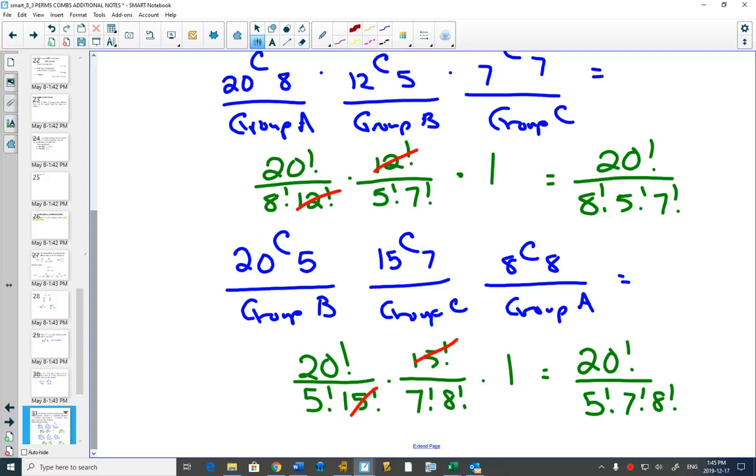can anybody think of a 20-letter word that has repetition, 8 of one letter, 7 of another letter, and 5 of another letter? Probably not.